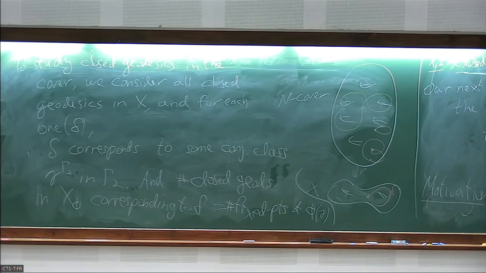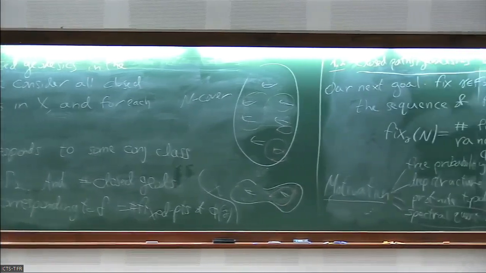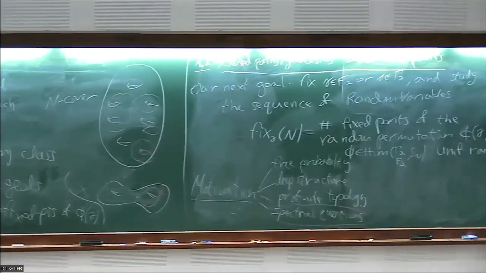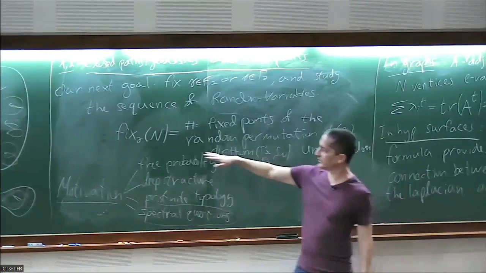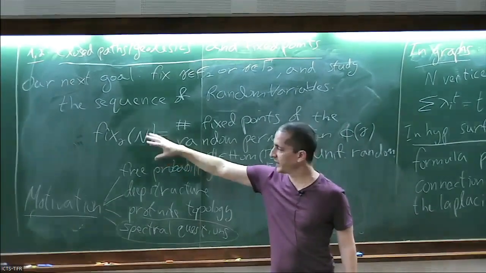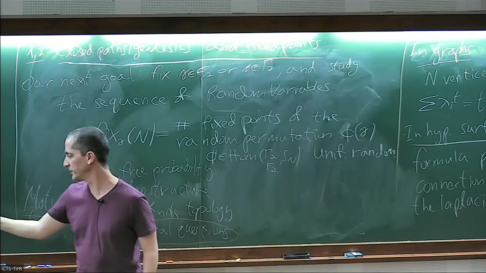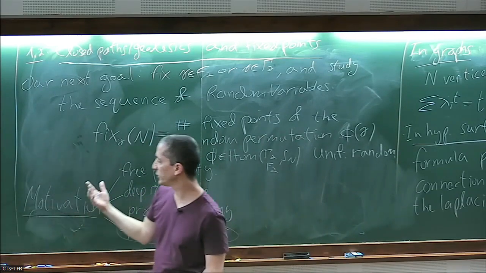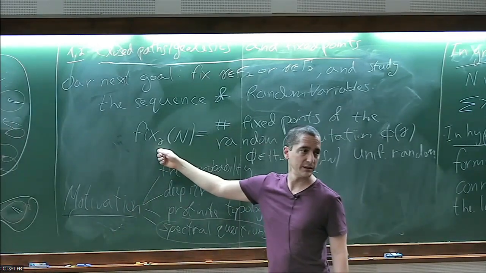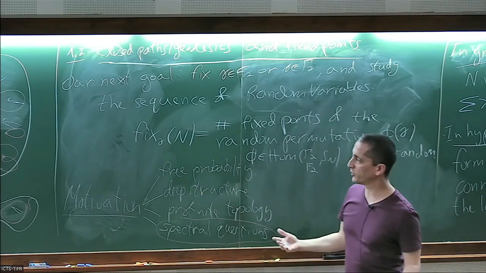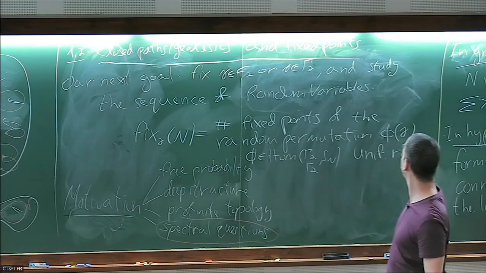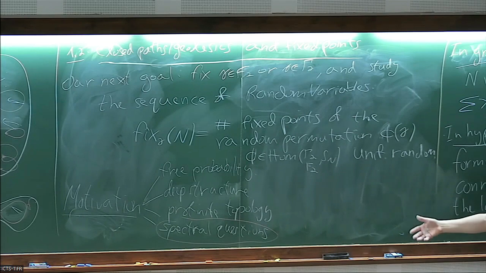Right. So if I understand correctly, you're saying that here I only deal with this particular geodesic, the one corresponding to the conjugacy class of gamma. But in general, to use such formulas, I need to talk about all closed geodesics.